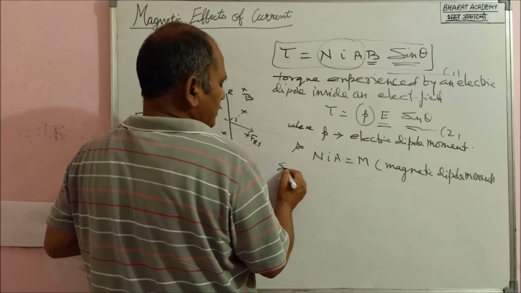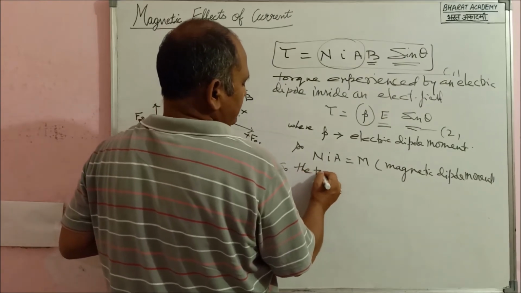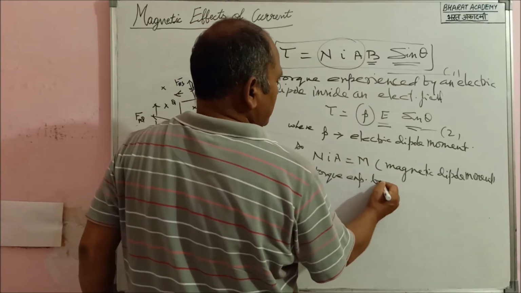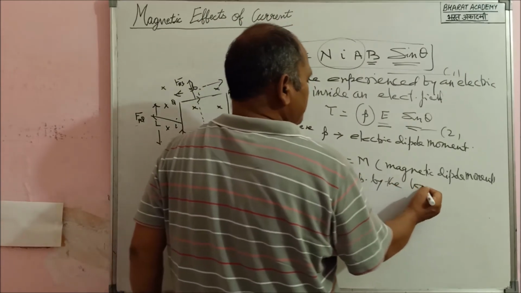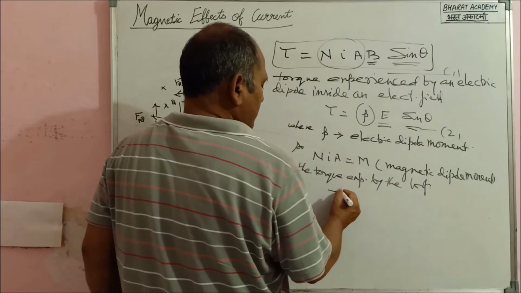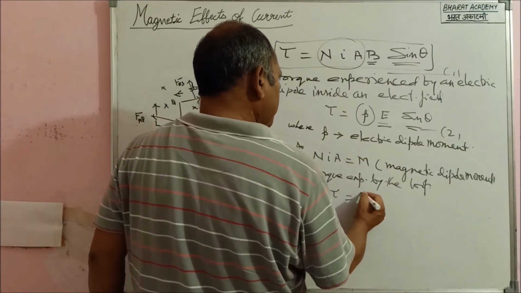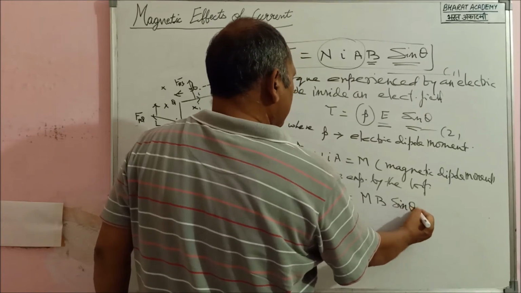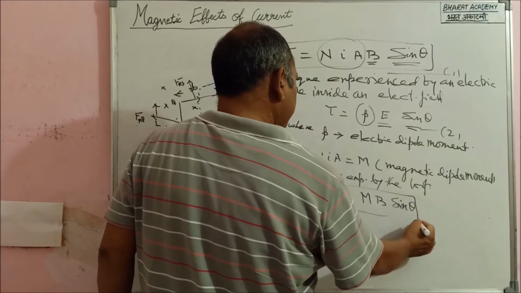So the torque experienced by the loop can be written as tau equal to M B sin theta, right?